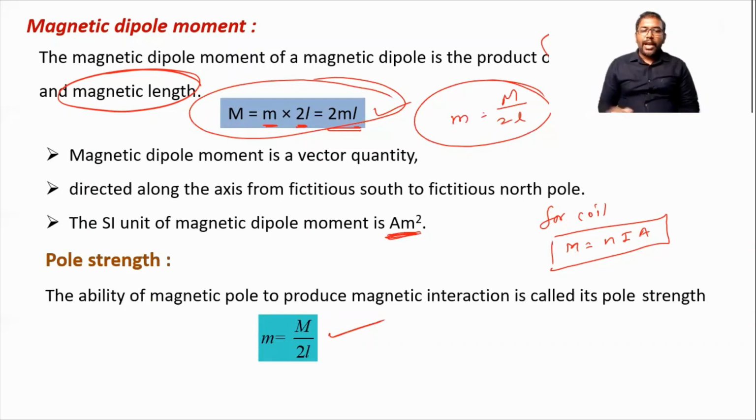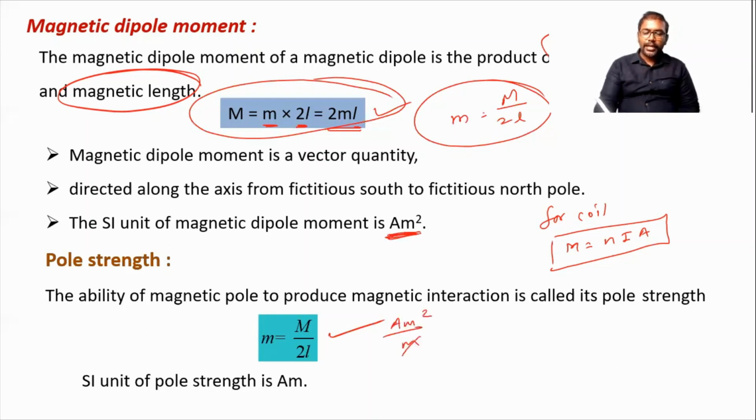The ability of a magnetic pole to produce magnetic interaction is also called pole strength. Now for the SI unit: the unit for M is ampere meter square divided by the magnetic length in meter. The meter gets cancelled and we get the unit ampere meter. So ampere meter is the SI unit for pole strength.